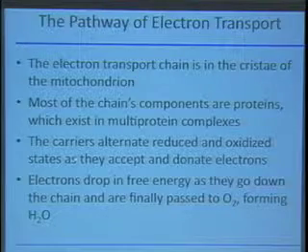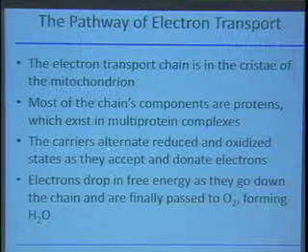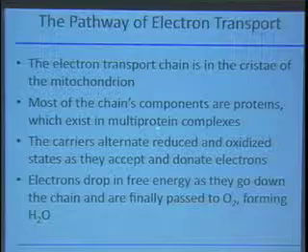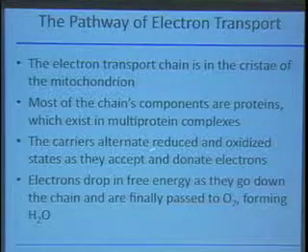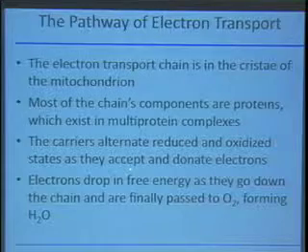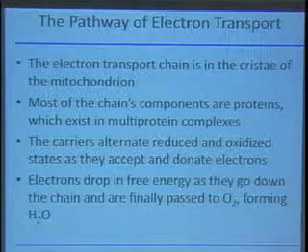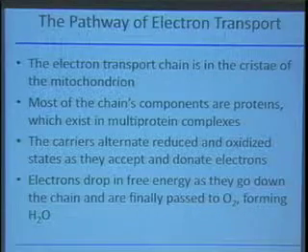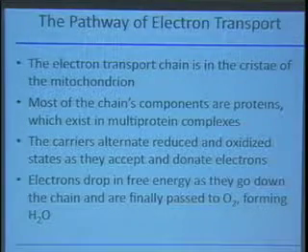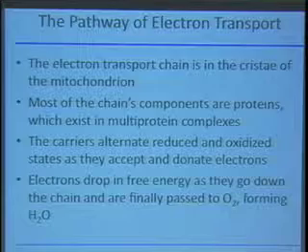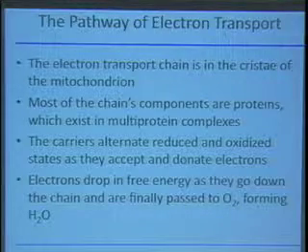And what happens is that these carriers are going to alternate between a reduced and an oxidized form as they accept and then donate electrons as they move down this chain. And again, the idea is that they're moving from what starts off as a high energy state to a lower energy state as they go through this electron transport chain, right, hand over hand.